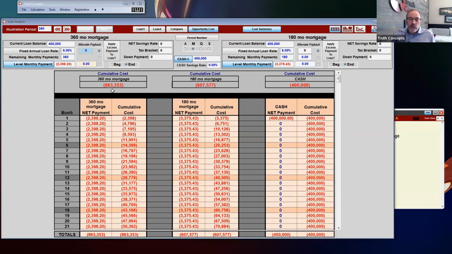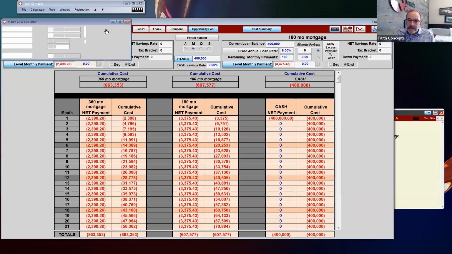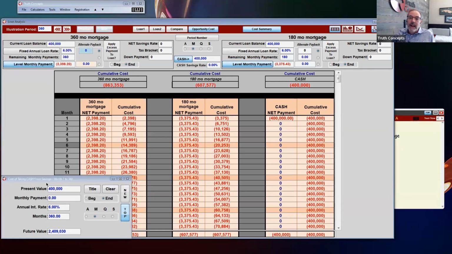Okay, so let's take this a little further and think about this. If I wanted to take advantage of what's supposed to be the least expensive here, that cash option, then I would have to take $400,000 out of my existing assets. Now, $400,000, as we can see down here in the lower left, at 6% for 360 months would have grown to $2,409,000.